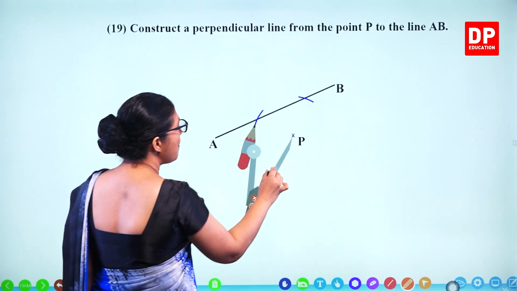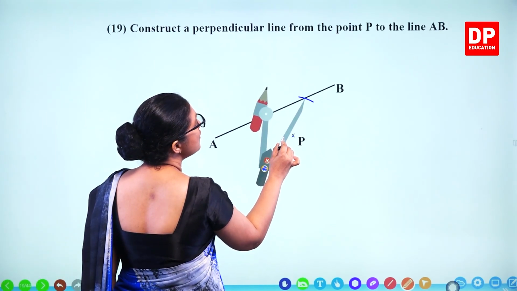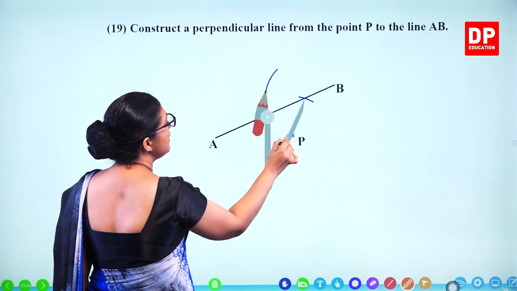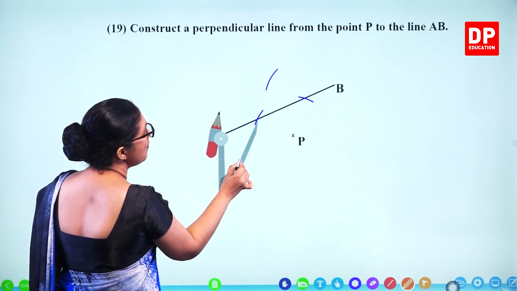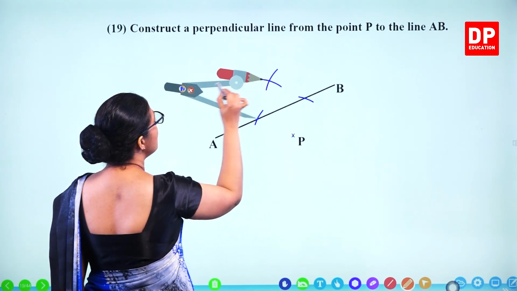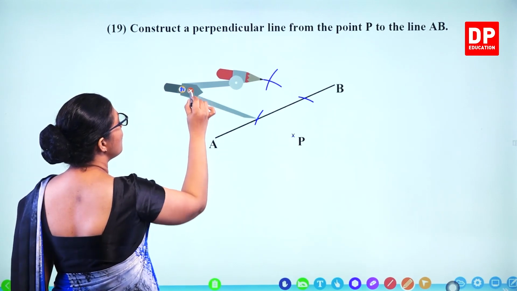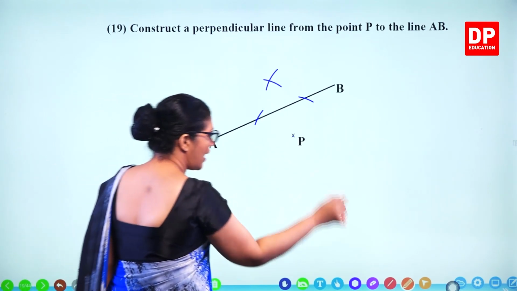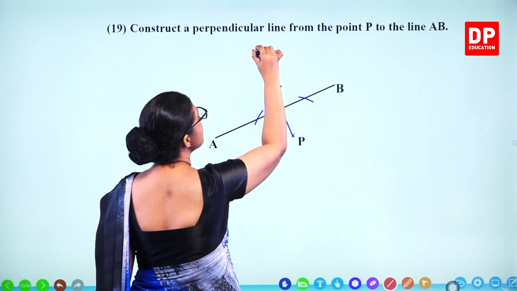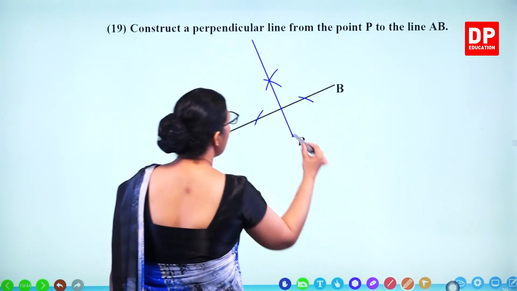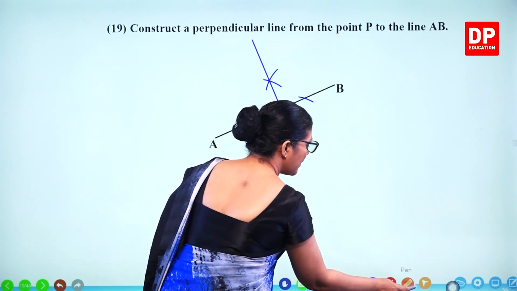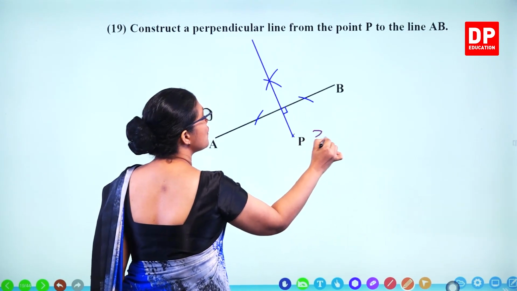And then you keep the compass on top of this arc and draw an arc in the middle, and also keep it on top of this point and draw the other arc. Don't change the length. Now we found the point, so you can connect with a ruler. So this point and this intersection point is a perpendicular drawn from P to AB. So 2 marks for that.